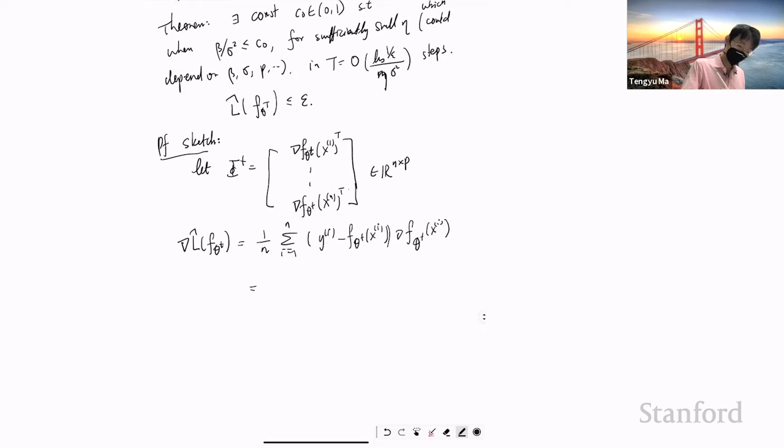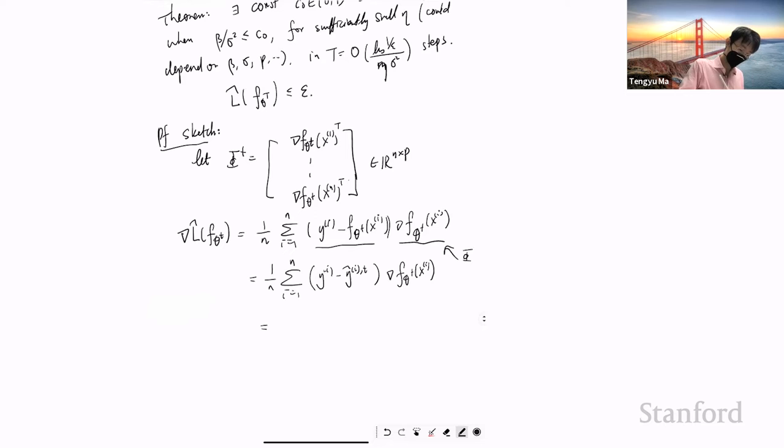If you view this as from the phi, this is the ith row of phi. So this corresponds to the ith row of phi, and this corresponds to the difference. Maybe let me write this more explicitly: this is yi minus yit, times the gradient.